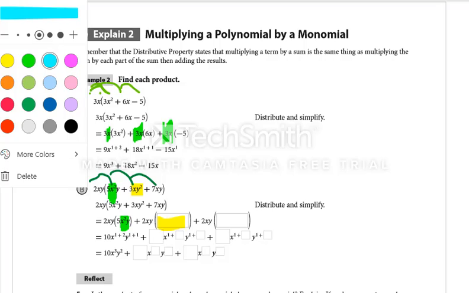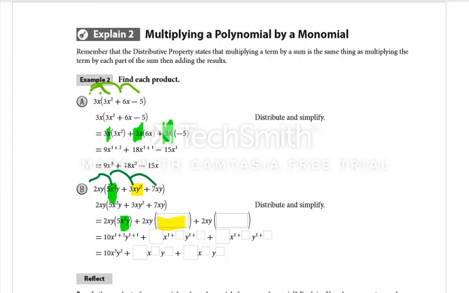And finally, we have that 7xy, that's going to go in here. We are multiplying that 2xy times each of those pieces. All right, and 7xy.